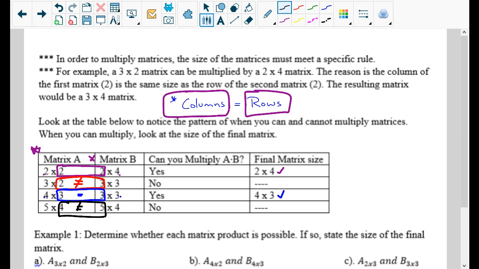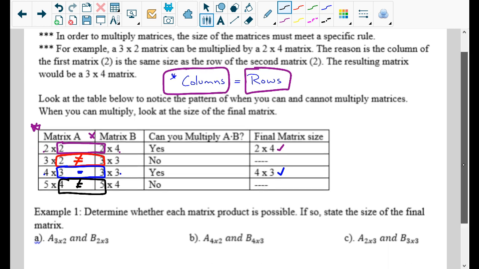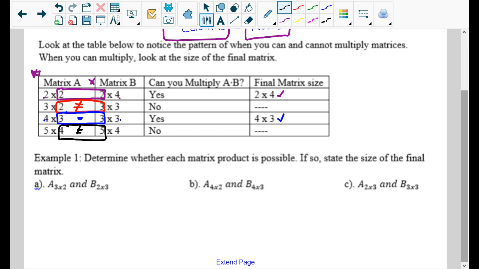So that's the first thing when we're taking a look at multiplying these matrices, and you'll see why in a little bit when we look at how we multiply them together. Columns of the first have to equal rows of the second. So determine whether each matrix product is possible. If I take a look here, 3 by 2 times 2 by 3, again I'm looking at these two. Are they the same? Yep. What's my resulting matrix? A 3 by 3 product.